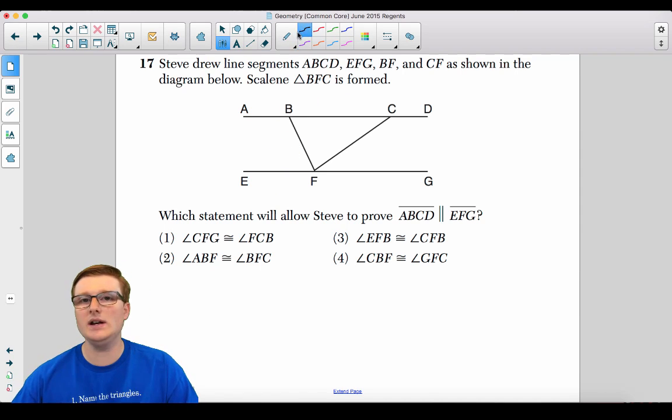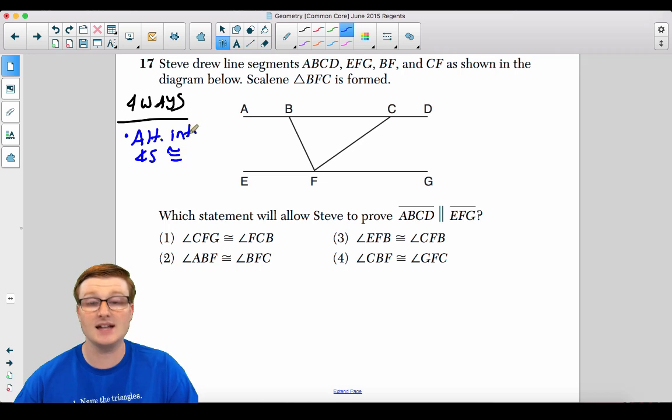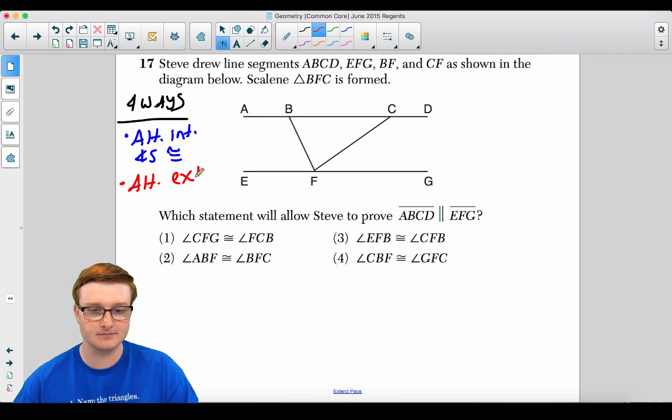Okay. We need to remember that there are 4 ways to prove lines parallel. The first way is to prove it by alternate interior angles that are congruent. The second way is alternate exterior angles are congruent.